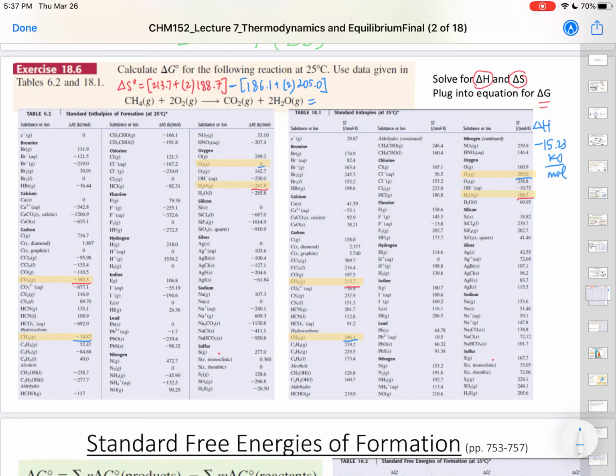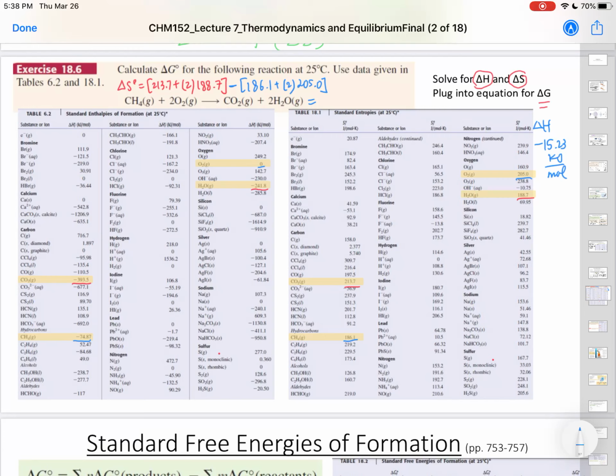All right, so this comes out to, again, we pull out our handy dandy calculator. And I get minus 5.